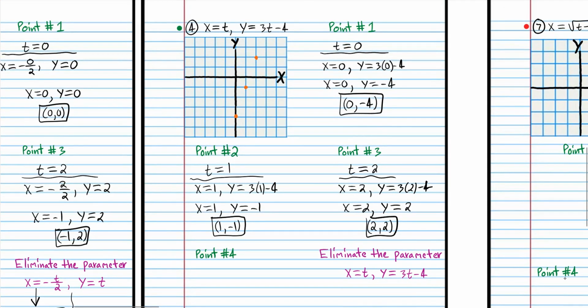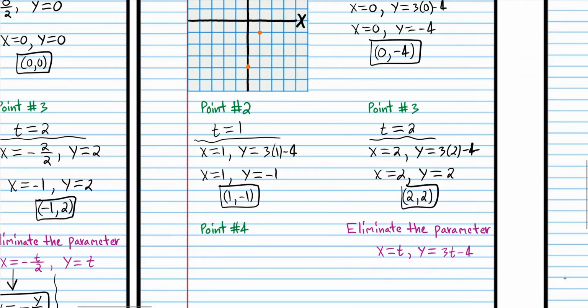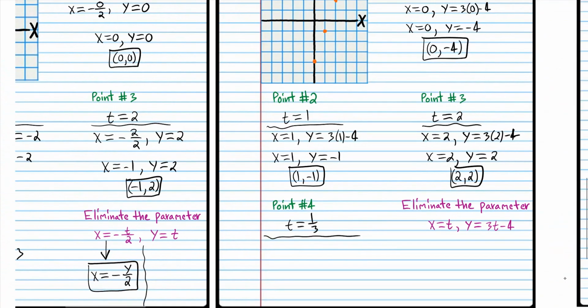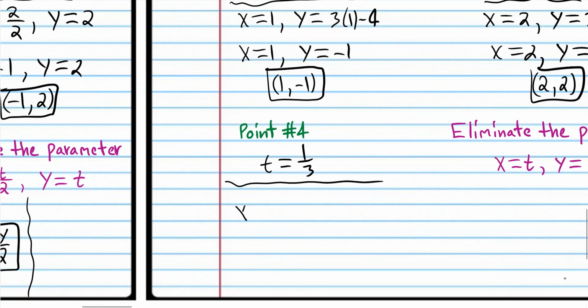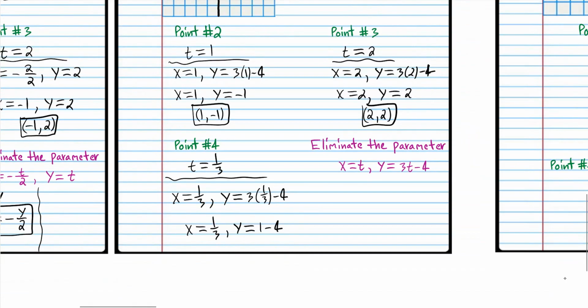So to make things easy, I'm going to choose t is equal to 1/3. So x is equal to 1/3. y is equal to 3 times 1/3 minus 4. So x is 1/3 and y is equal to 1 minus 4.